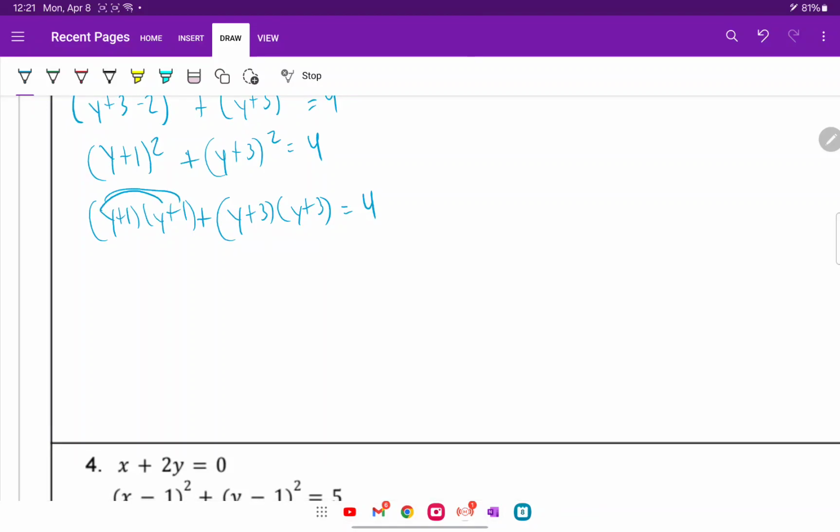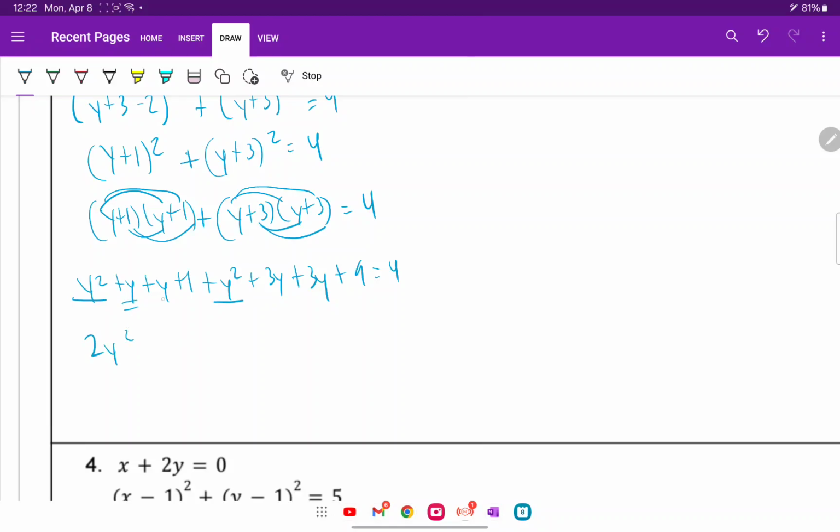So you get y squared plus y, and we get y plus 1. And y squared plus 3y. And then we get 3y plus 9. All right. So we have y squared plus y squared, which is 2y squared. Then we get 1y plus 1y plus 3y plus 3y.